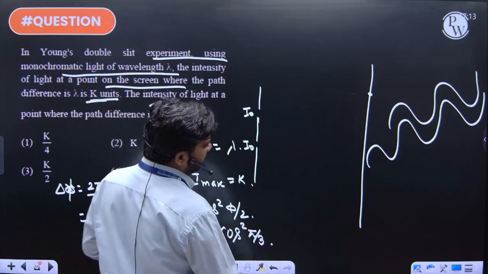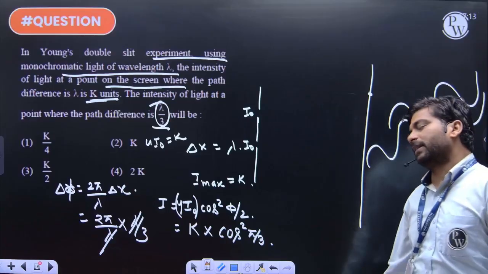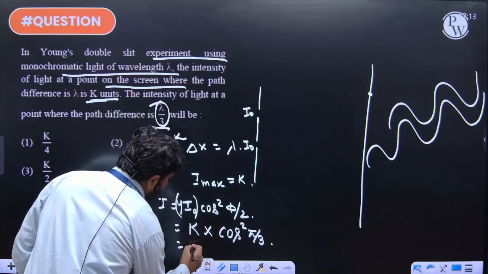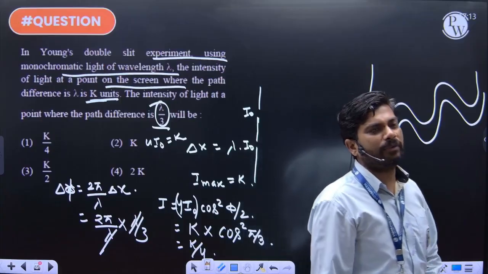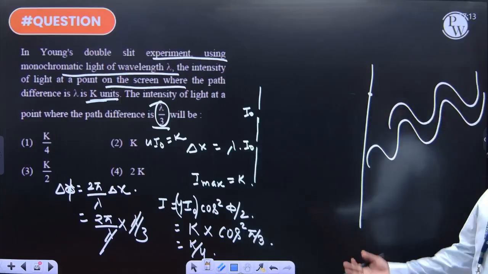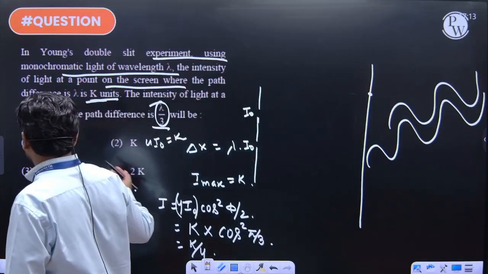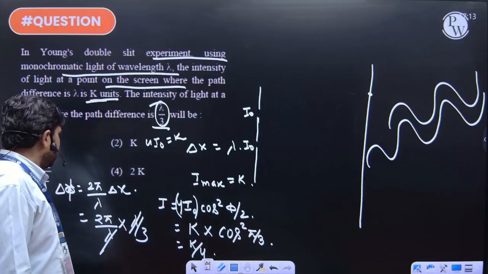What is the value of cos pi by 3? Cos 60, which is 1 by 2. 1 by 2 square is 1 by 4. So how much will it become? K by 4, right? This is also one of the easiest questions, where the calculation part is also less. It does not involve so many calculations like the previous question.